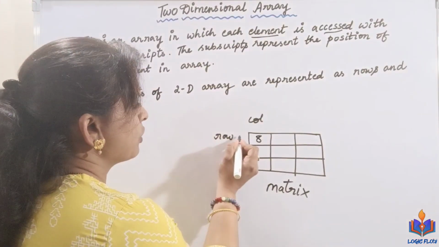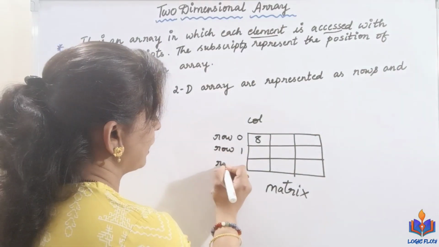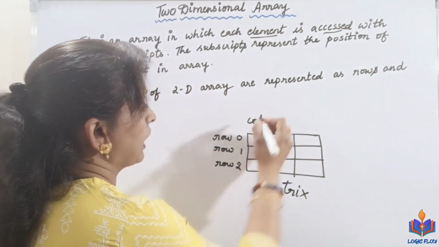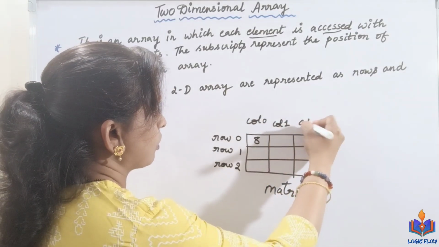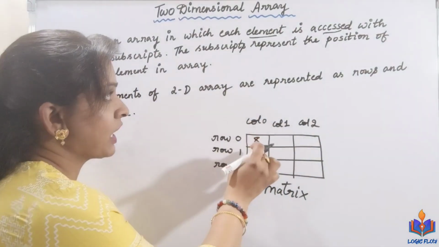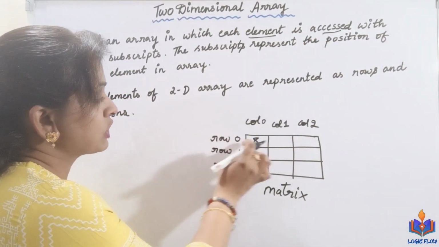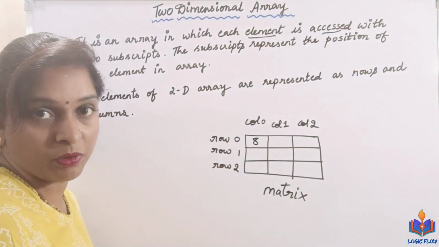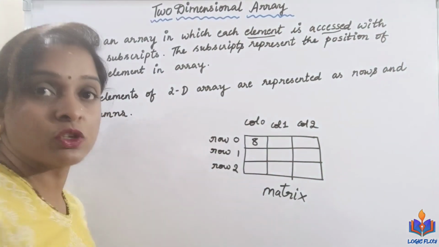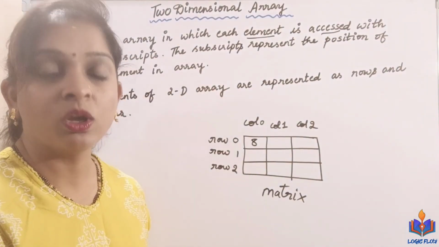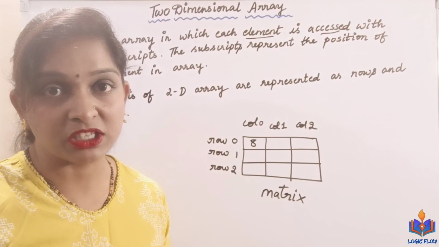So it is row 0, row 1 and row 2, and this is column 0, column 1 and column 2. So if I want to represent the position of this element, I need to mention the row number as well as the column number. What is row? It is 0. What is column? It is 0. So it is row 0, column 0, which represents the position of that particular element.